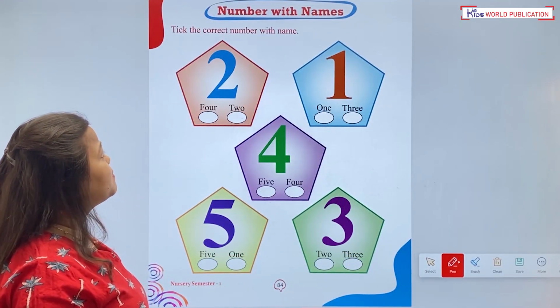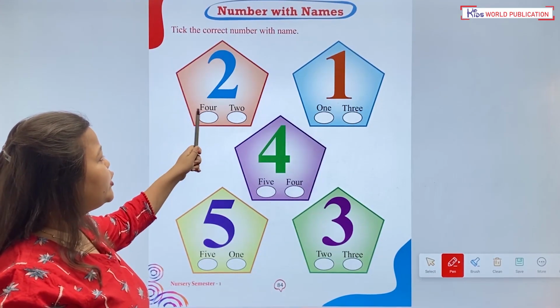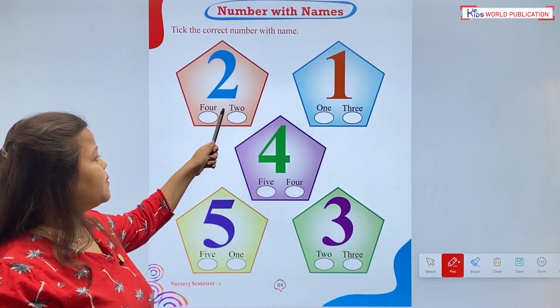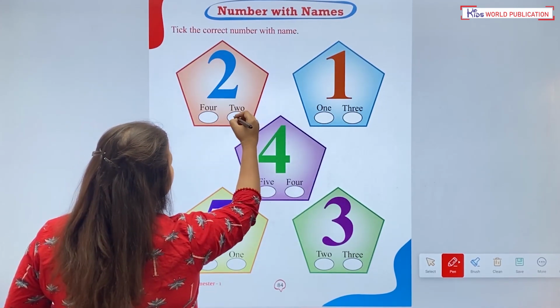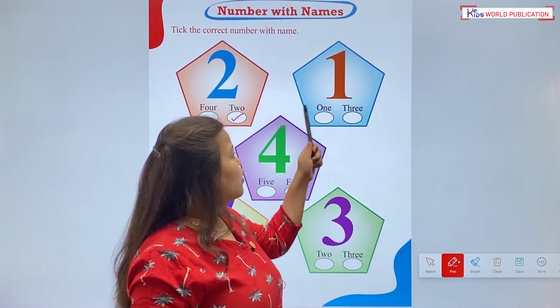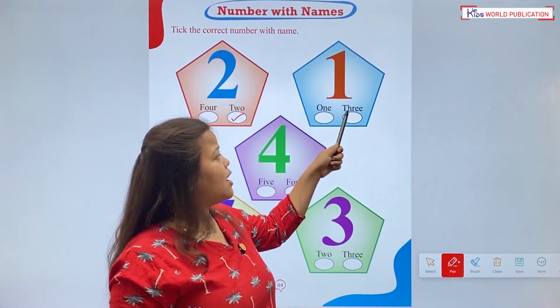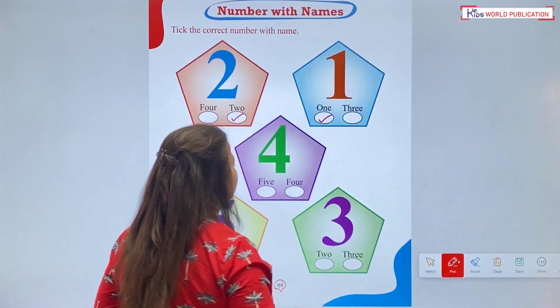Number with names. Tick the correct number with name. Number 2. FOUR 4, TWO 2. So, the right answer is TWO 2. Number 1. ONE 1, THREE 3. The right answer is ONE 1.